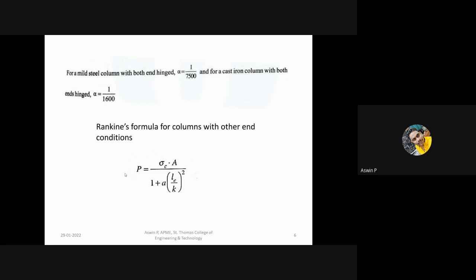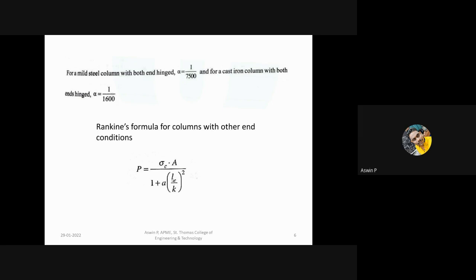Now you need to write the Rankine common formula. There is no variation, as we have derived the equation with effective length. The same equation will be used. So you need to remember what LE is for both ends hinged or pinned.